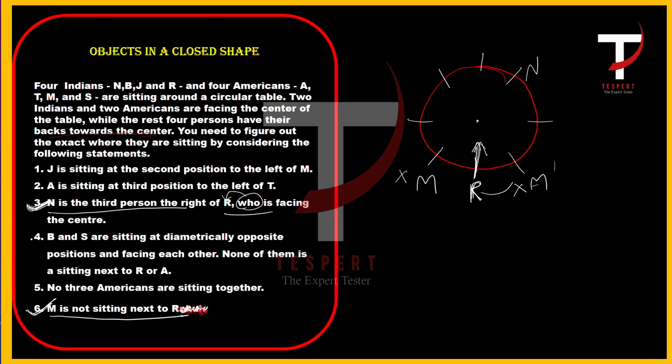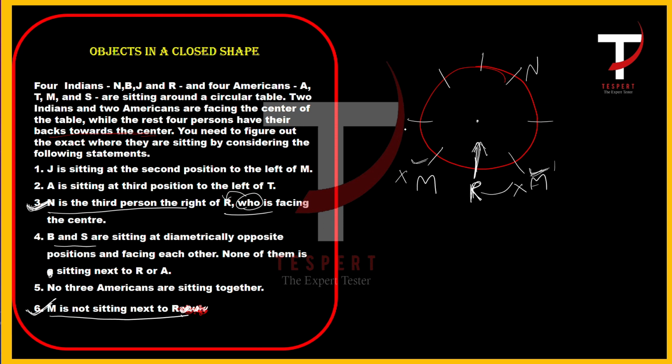And we shall move on to the fourth statement now. B and S are sitting at diametrically opposite positions and facing each other. None of them is sitting next to R or A. So next to R, neither B nor S must be sitting, right?